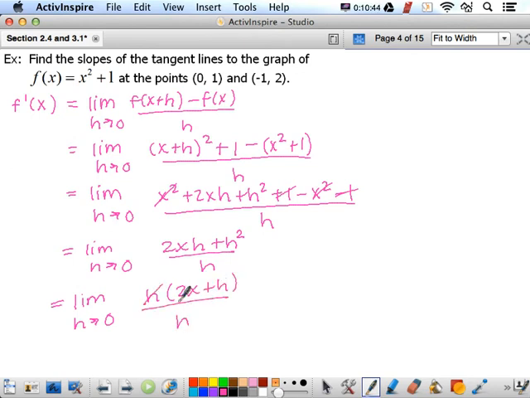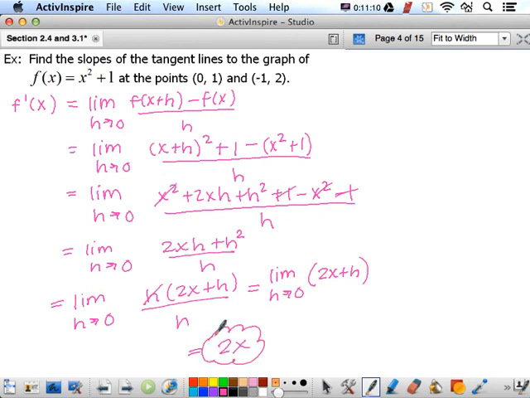And that tells us that our derivative equals the limit as h approaches 0 of 2x plus h. At that point, what can I do? Plug in what? 0 for h, and that will tell me my derivative. My derivative in this case is equal to what? 2x.